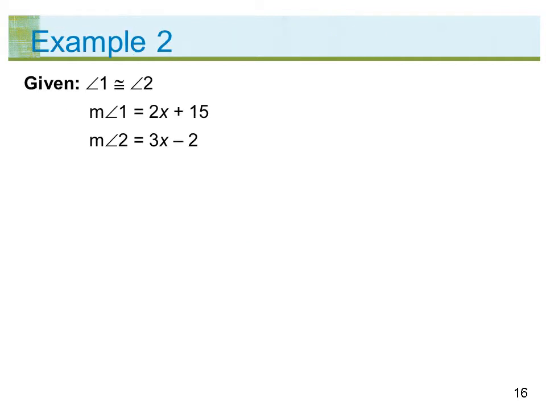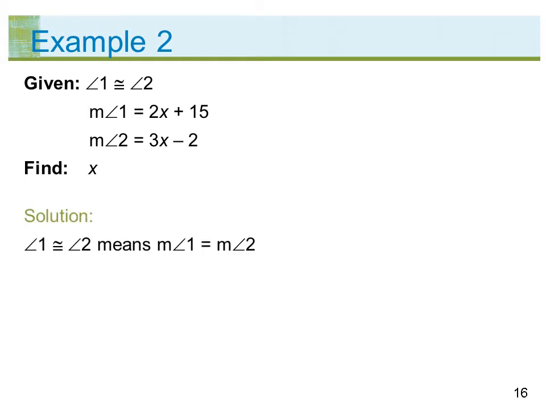Given: angle 1 is congruent to angle 2. The measure of angle 1 equals 2x plus 15. The measure of angle 2 equals 3x minus 2. Find x. Solution: Angle 1 congruent to angle 2 means that the measure of angle 1 equals the measure of angle 2.